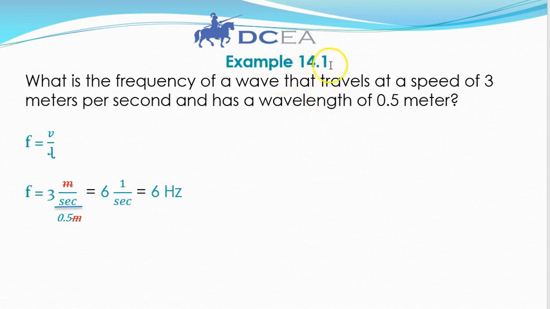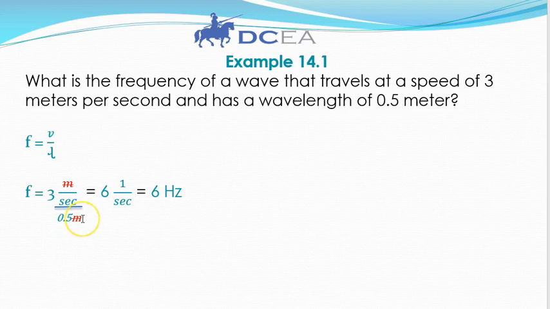Example 14.1 from your text says, what is the frequency of a wave that travels at a speed of 3 meters per second and has a wavelength of 0.5 meters? So from our formula, we know that the frequency equals the speed divided by the wavelength. So the speed is 3 meters per second, and it's being divided by the wavelength of 0.5 meters.